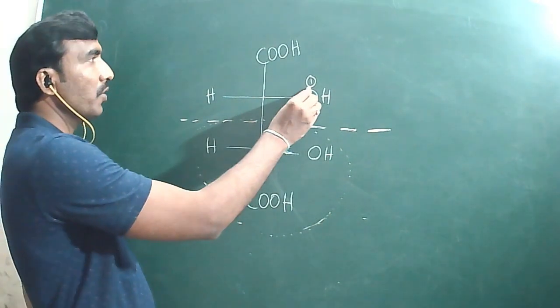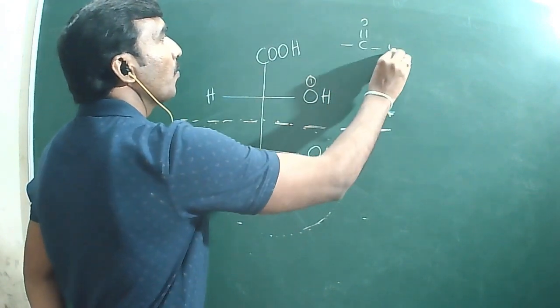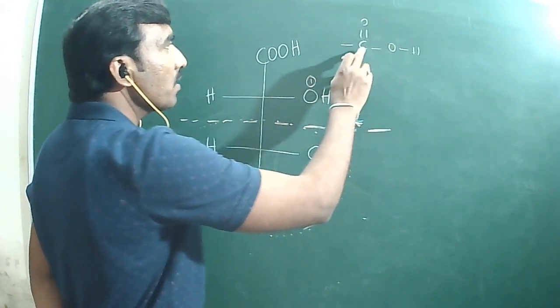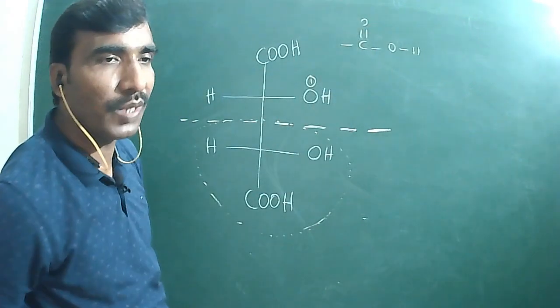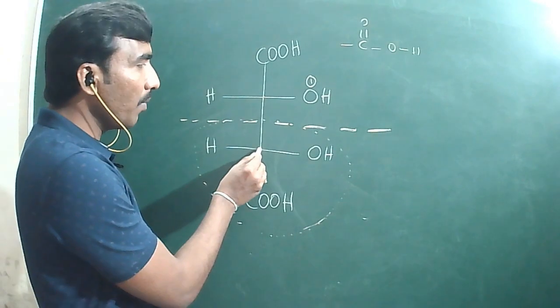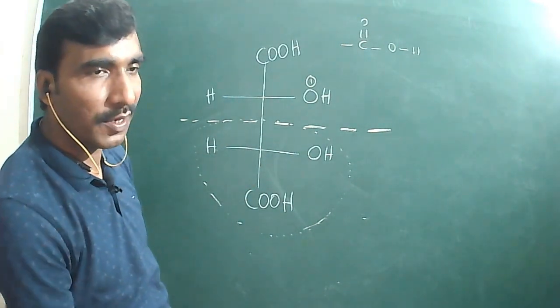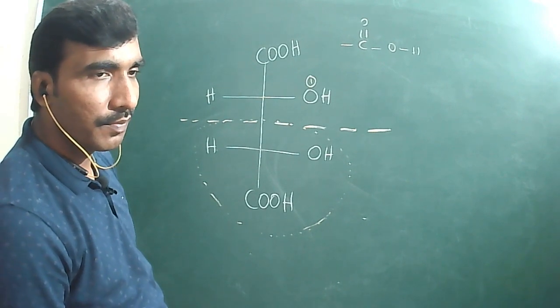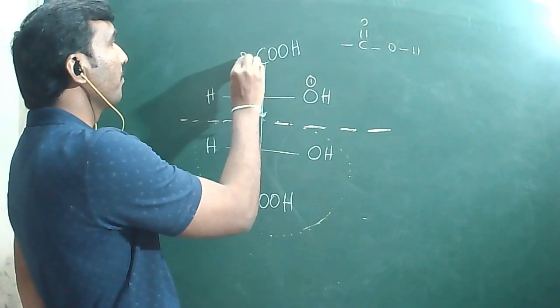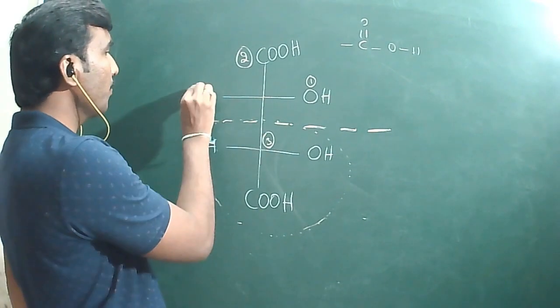So OH, and it is attached with C double bond O, H, means this carbon is 3 times attached to the oxygen atom or not. But this carbon has 1 oxygen, 1 carbon and 1 hydrogen. So who will get more priority? There is no doubt it is the third priority group, and this is the fourth priority.